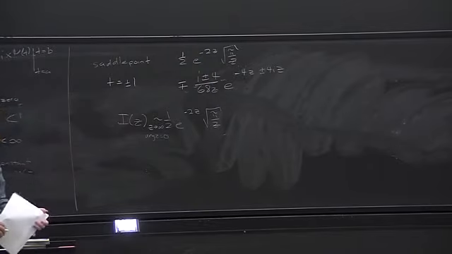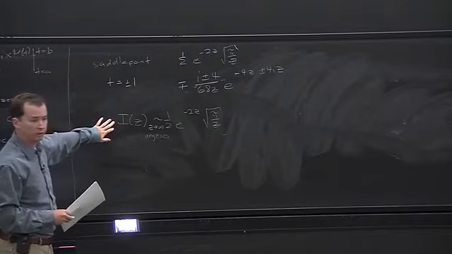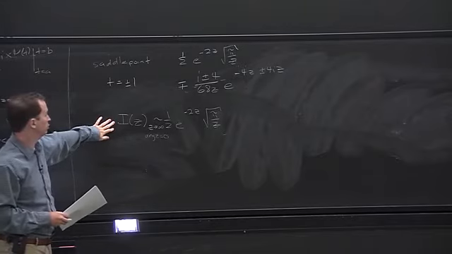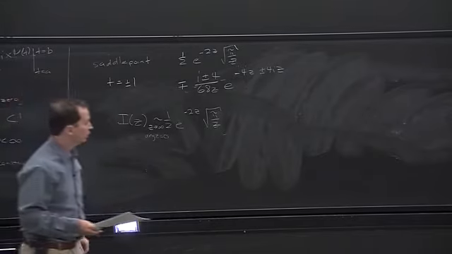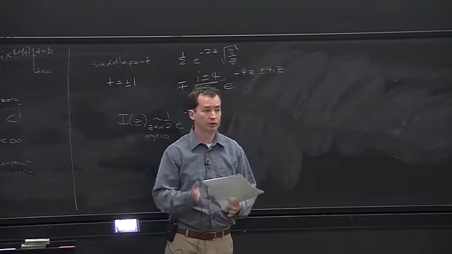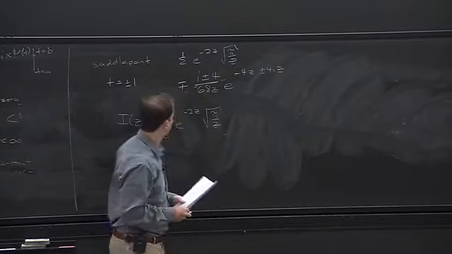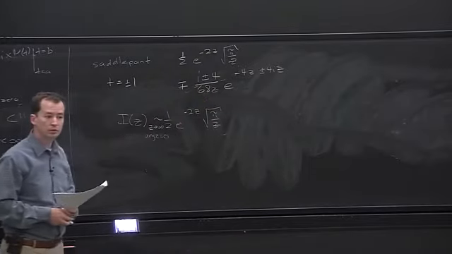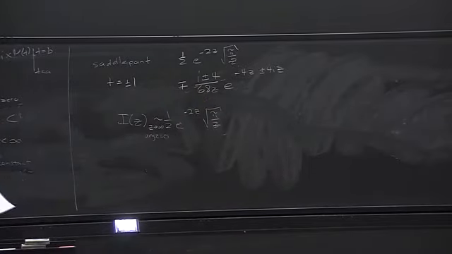Now what about if the argument of z is non-zero? We expect this relation to hold if we send z to infinity with a fixed, non-zero phase. So we're imagining that z is now a complex parameter.